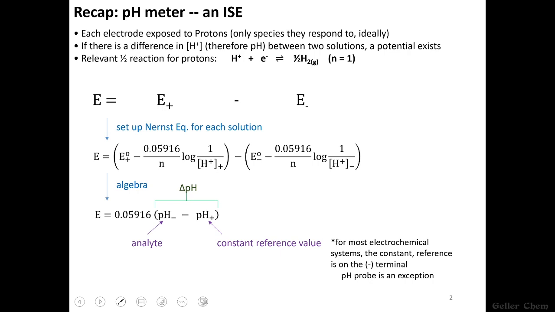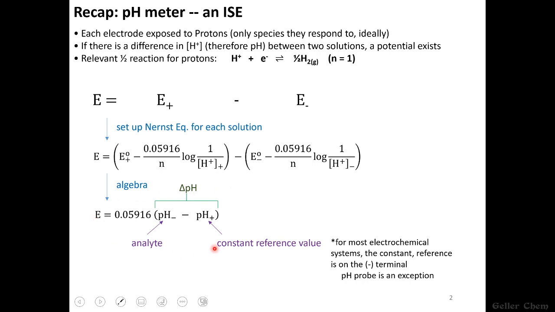From there, numerous algebraic steps can be done to re-express that equation in a much more compact manner, in which ultimately the voltage measured by this pH probe system can be related to the difference in pH values between the analyte that we are studying and some reference solution that we know the pH value of. This reference solution is in contact with the electrode hooked up to the positive terminal, while the analyte is in contact with the electrode hooked up to the negative terminal.